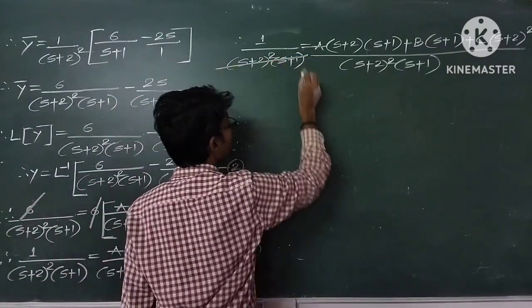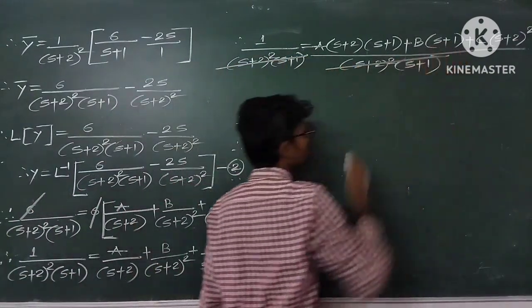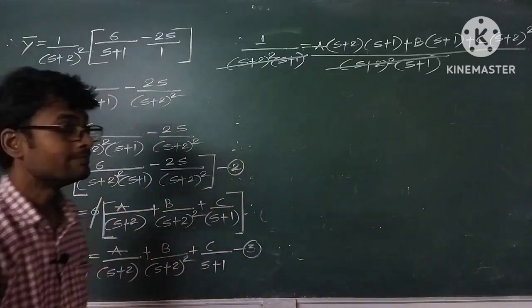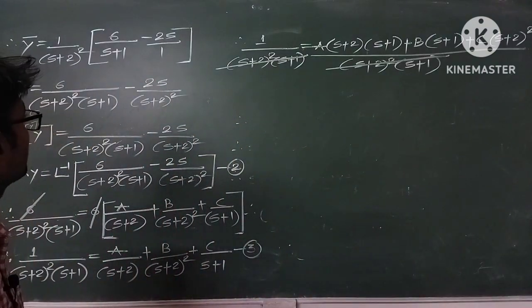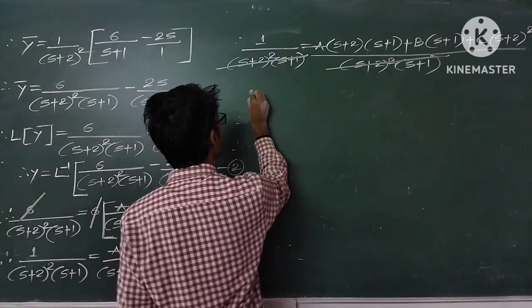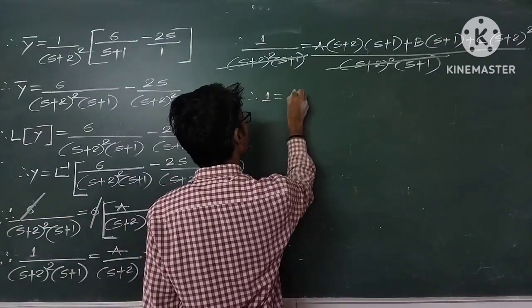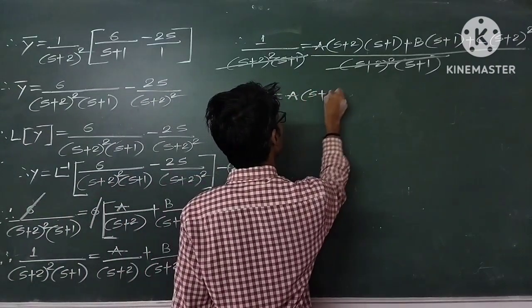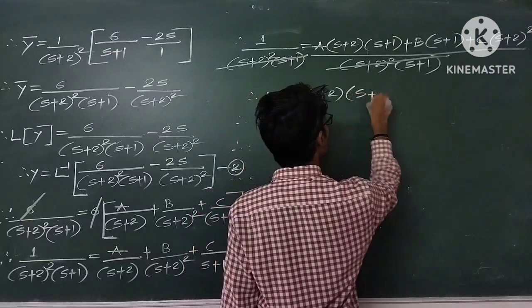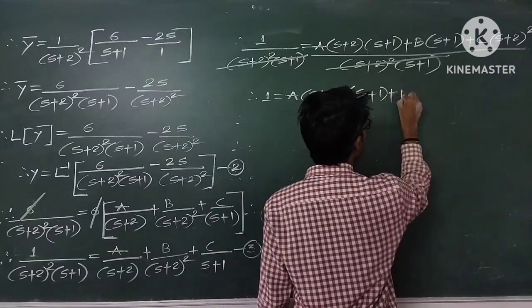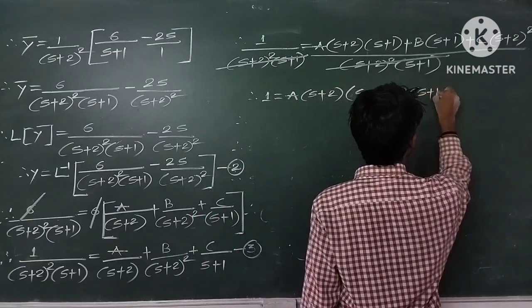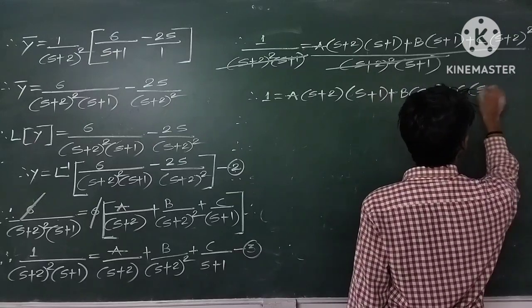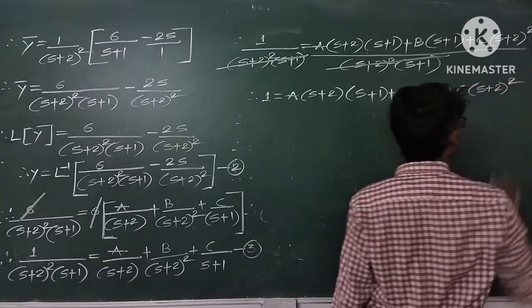This (s plus 2) whole square into (s plus 1) gets cancelled on both sides. So therefore you will get 1 equal to A into (s plus 2) into (s plus 1) plus B into (s plus 1) plus C into (s plus 2) whole square.